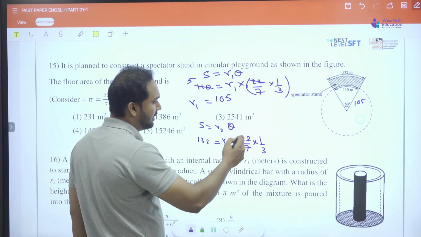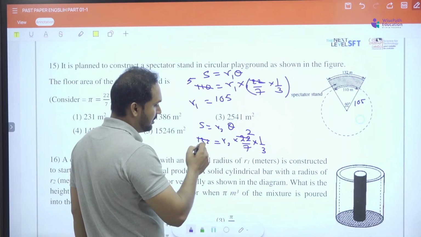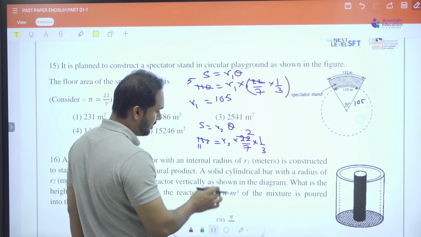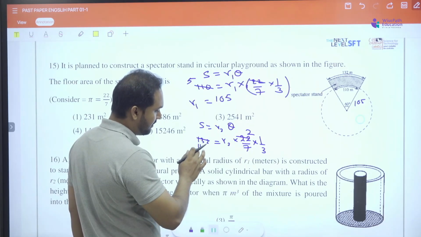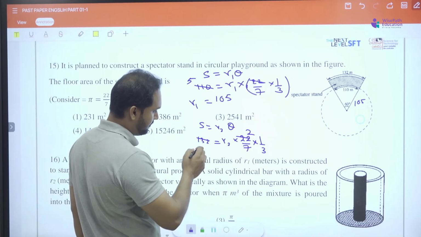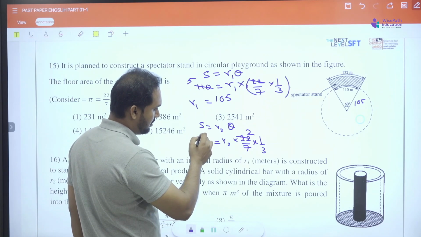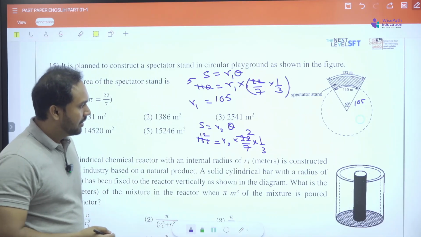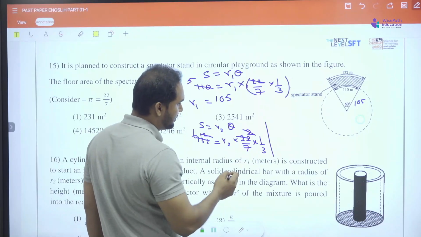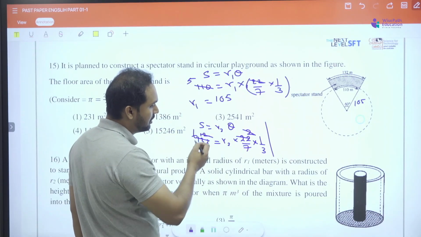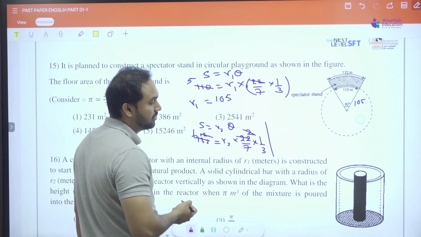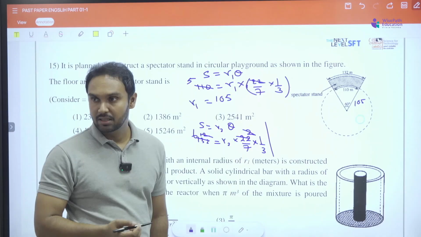How many 11s are there? 12 times 11 are there. And again the 2 to 6, that will be how much? 7 into 3 into 6, 21 into 6, that is how much? 21 into 6 is 126.